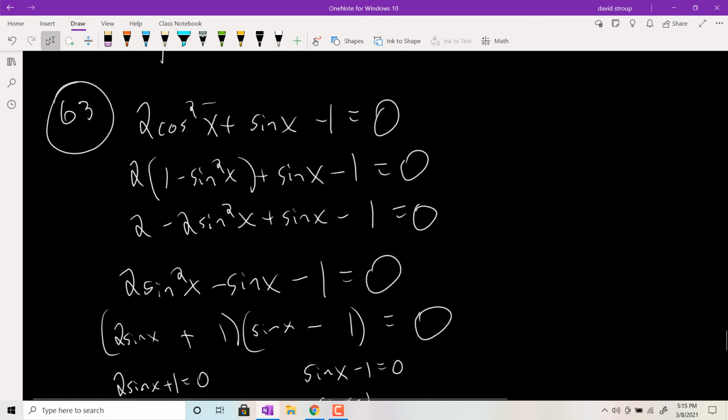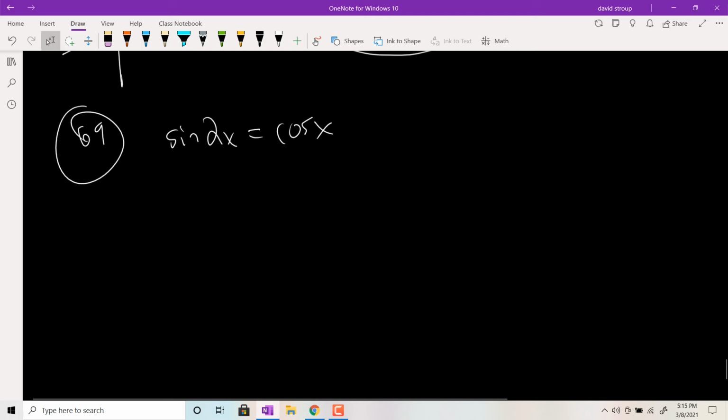Both of them just have an x. There's not like a 2x and then a 5x. So what I did was get everything in terms of sine, and then we could solve it. This time, we can't get everything in terms of sine or cosine. We just want to get the same angle on both sides.